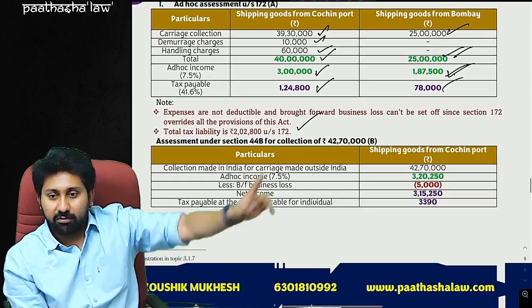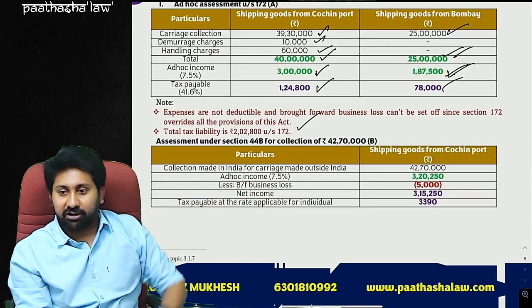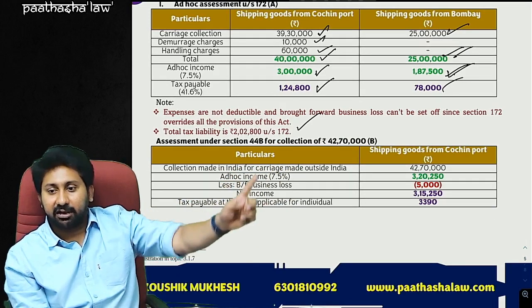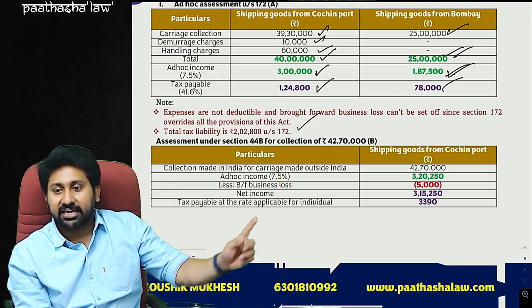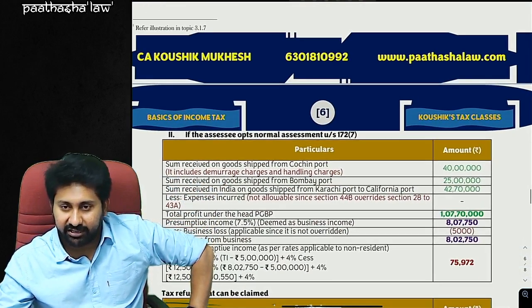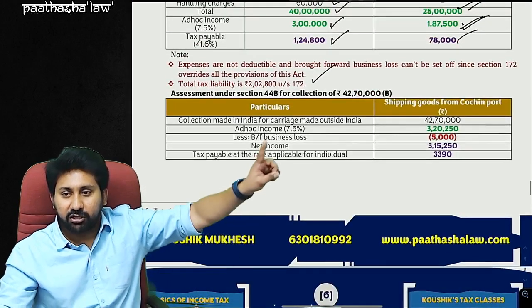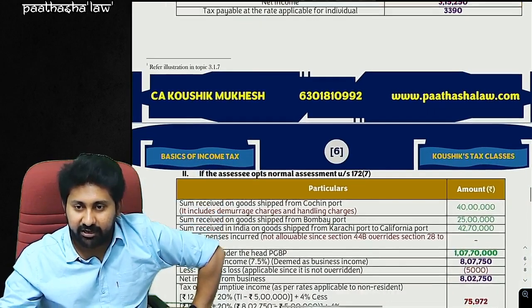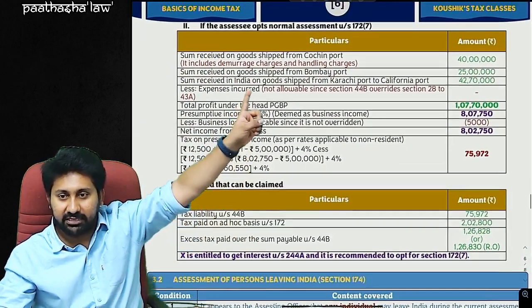So irrelevant information. But brought forward loss is useful for 44B assessment. Okay. So ad hoc income 3,20,250. From that deduct the business loss. Net income is 3,15,250. Tax payable for individual 3,390. So this is the tax payable for an individual, 3,390. Okay, next.